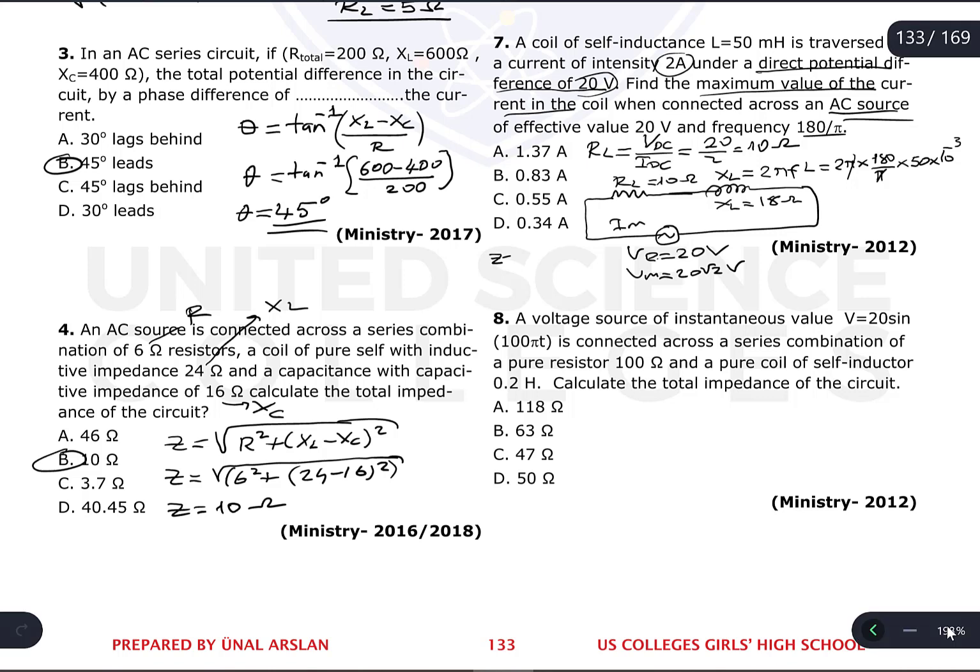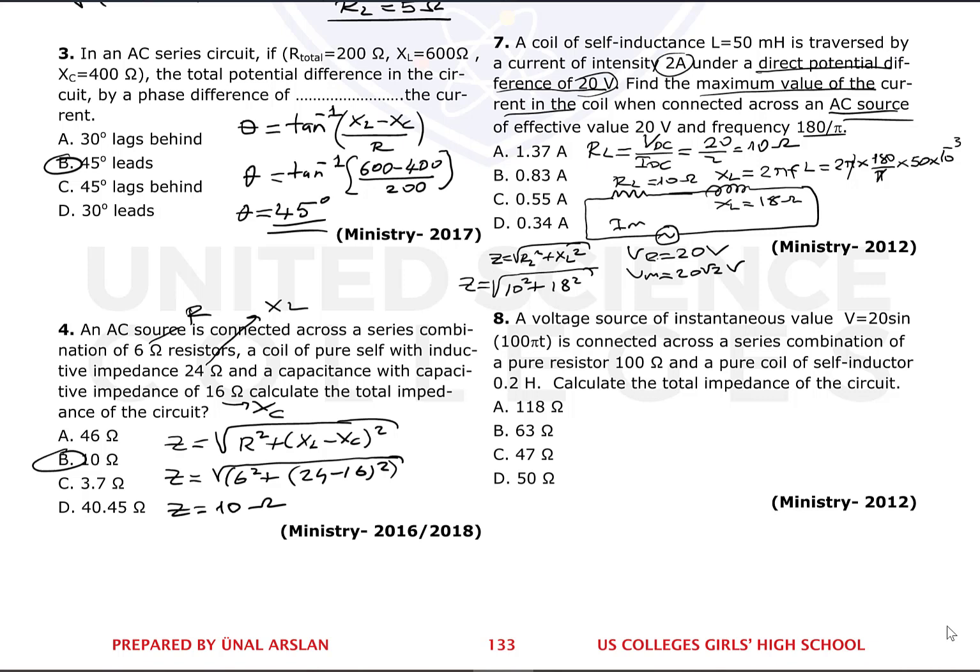Z is going to be the root of RL squared plus XL squared. So Z is going to be the root of 10 squared plus 18 squared. 10 squared plus 18 squared is going to be 424.